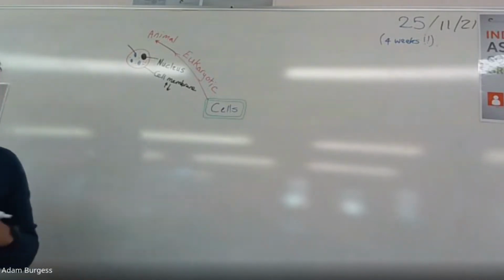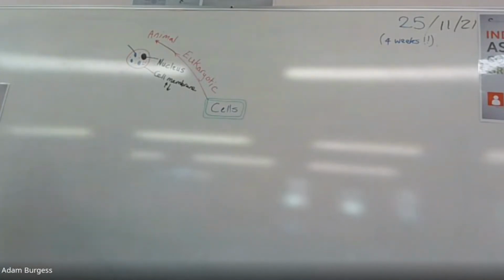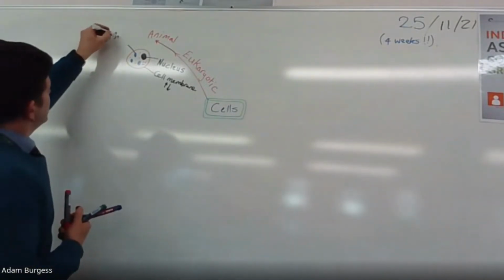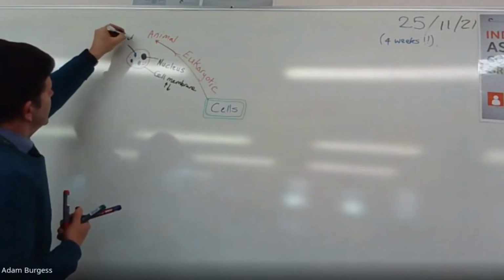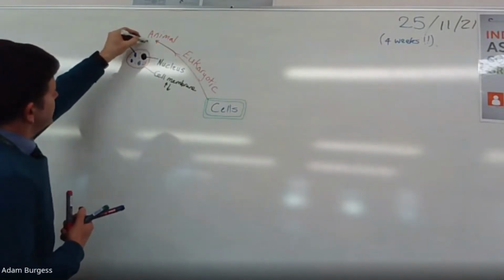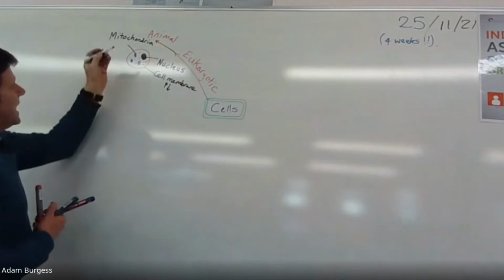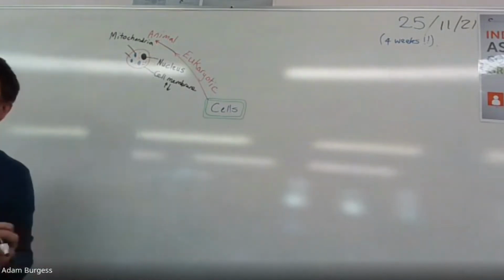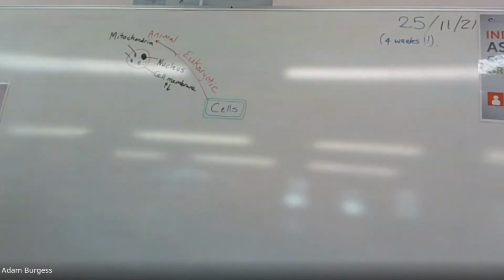Mitochondria, very good. So that's the release of energy. And then the little red dots, it is the ribosomes.